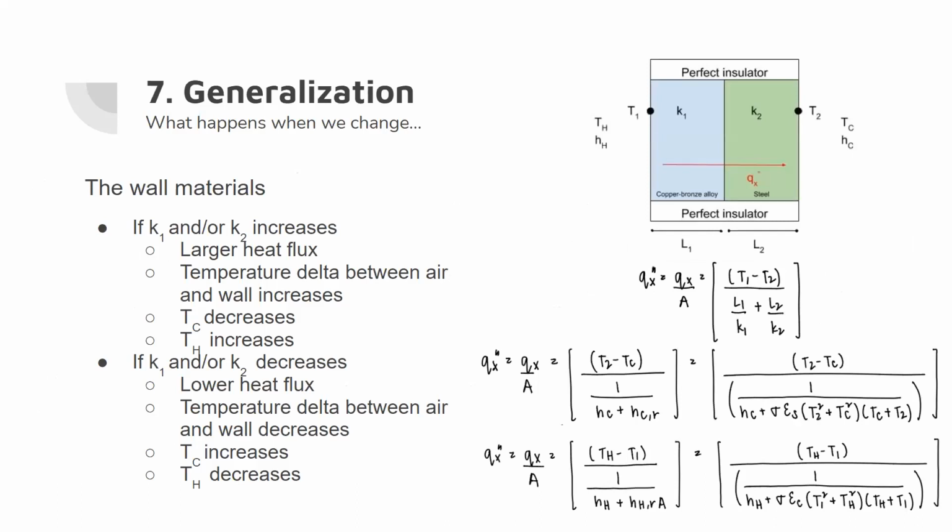All right, yeah. So just like Owen said, we're going to generalize the problem and explain what happens when we change certain parameters. So if we change the wall material, so use different metals with higher or lower conductivities.